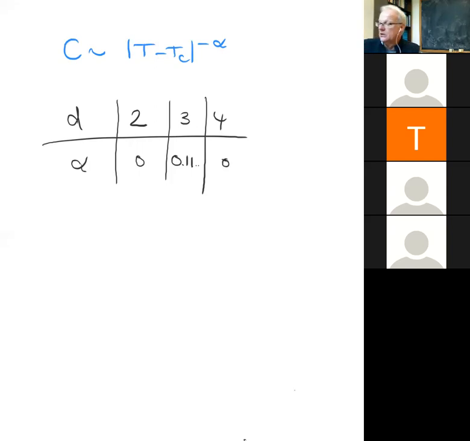Okay. So this is a similar situation where in 4 dimensions, and in this case, actually also in 2 dimensions, the Landau theory is exact. Okay, but here it's only approximately true.